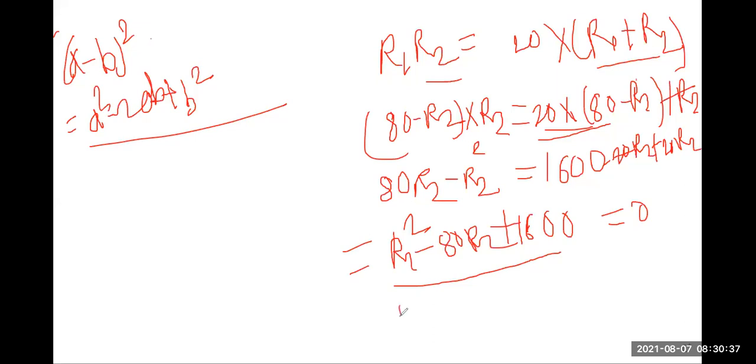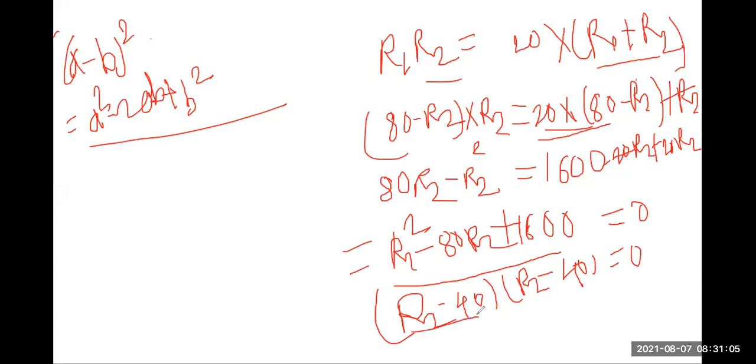You can take R2 minus 40, and in the second bracket we get R2 minus 40 as well. At both places we get minus 40 only, equal to 0, and we'll get R2's value equal to 40.